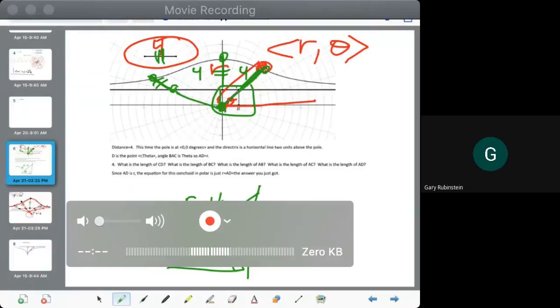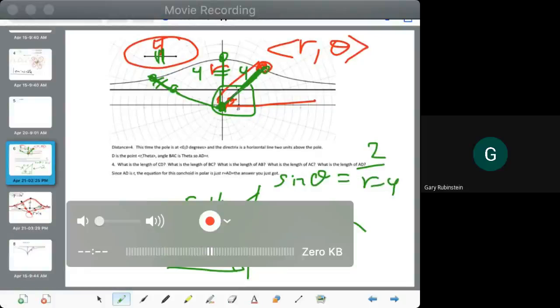Now, this side here is just 2. It's given that y equals 2 is the directrix. So the equation that relates these two things is sine theta equals 2 over r minus 4.